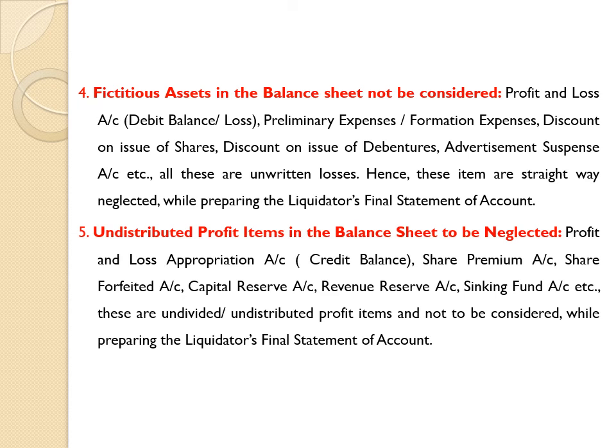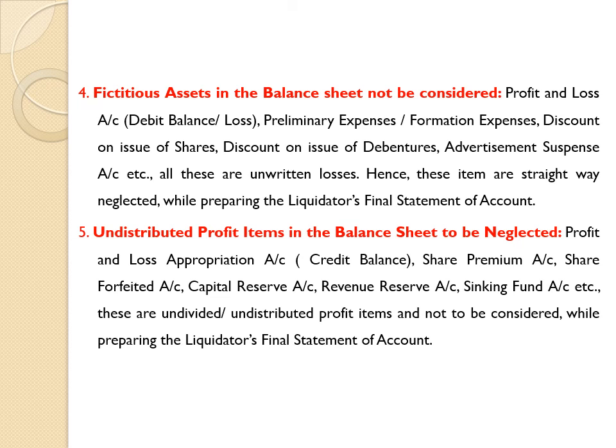Undistributed profit items like profit and loss appropriation account credit balance, that is profit, share premium account, share forfeited account, capital reserve account, revenue reserve account, sinking fund account, etc. These are undivided or undistributed profit items not to be considered while preparing the liquidator's final statement of account.